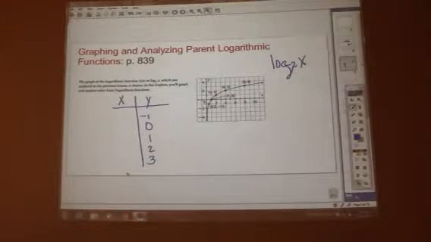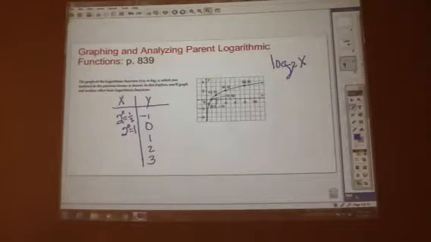Then this is how they came up with the x values from the y values. So if I say the base to the power, and this is going to become my power. So what is 2 to the -1 power? It would be 1/2. So that's where the 0.5, -1 came from. All right, so if I put 0 in there, 2 to the 0 power is 1.